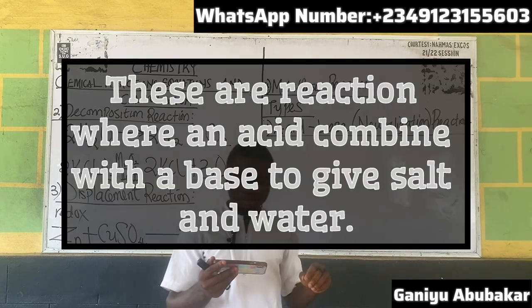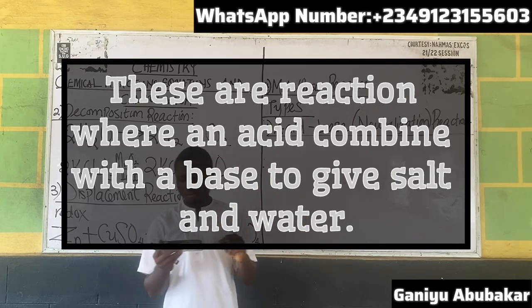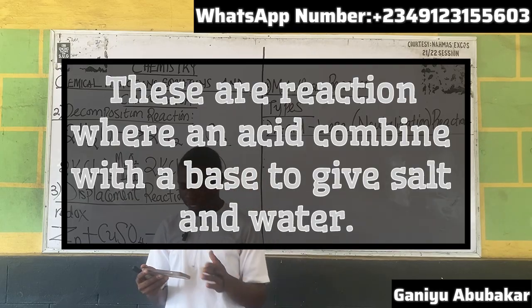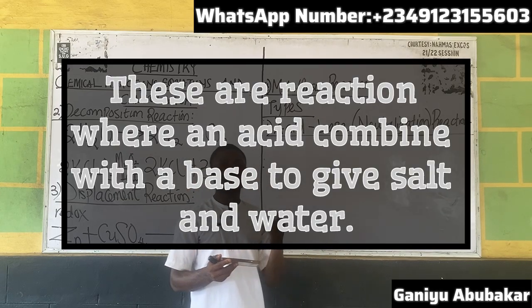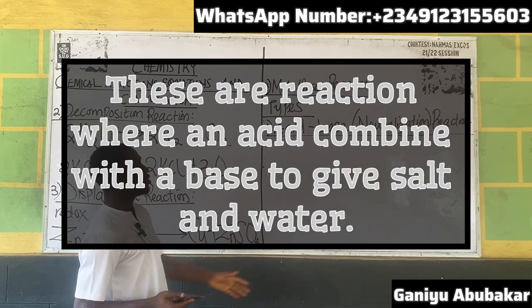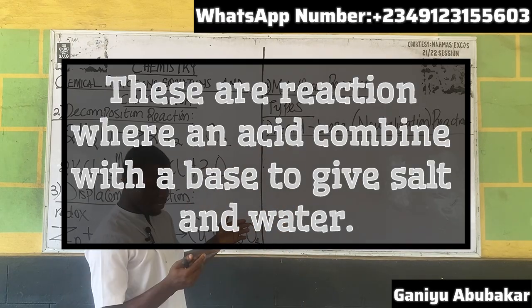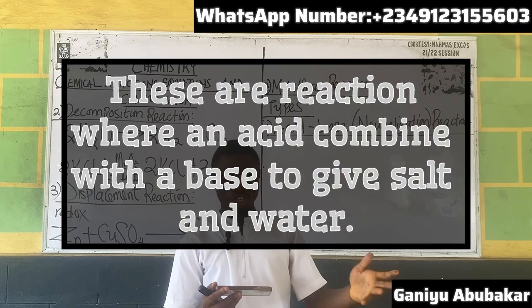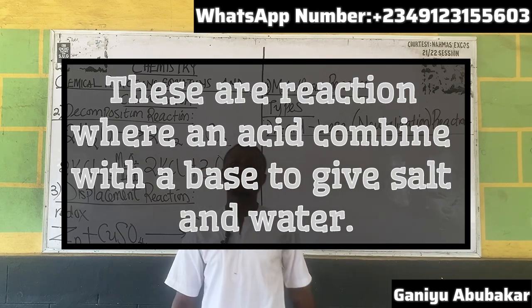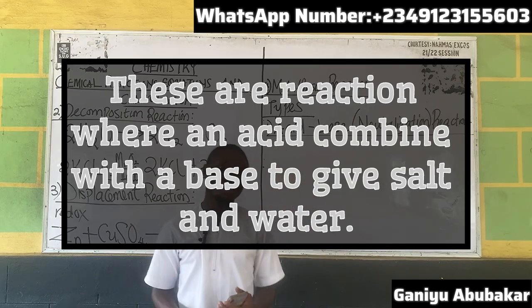Neutralization reaction is a reaction where an acid combines with a base to give you salt and water. Acid-base neutralization reaction is simply a reaction where an acid combines with a base to give you salt and water.